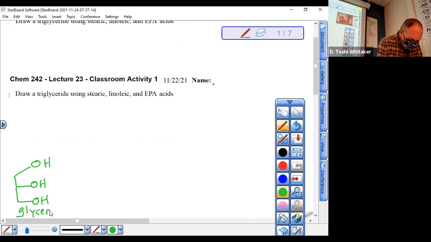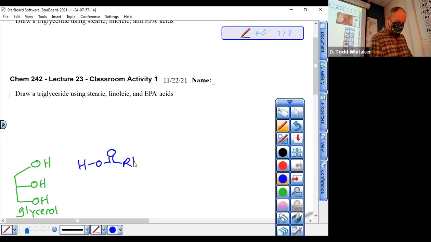It is going to be used to make triglycerides. It needs to react with 3 carboxylic acids times 3. They can all have different R groups, as they will in this example.